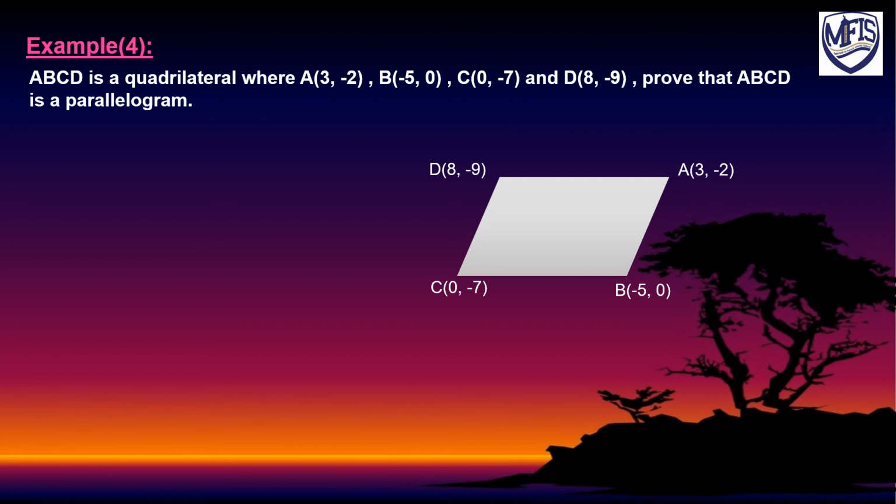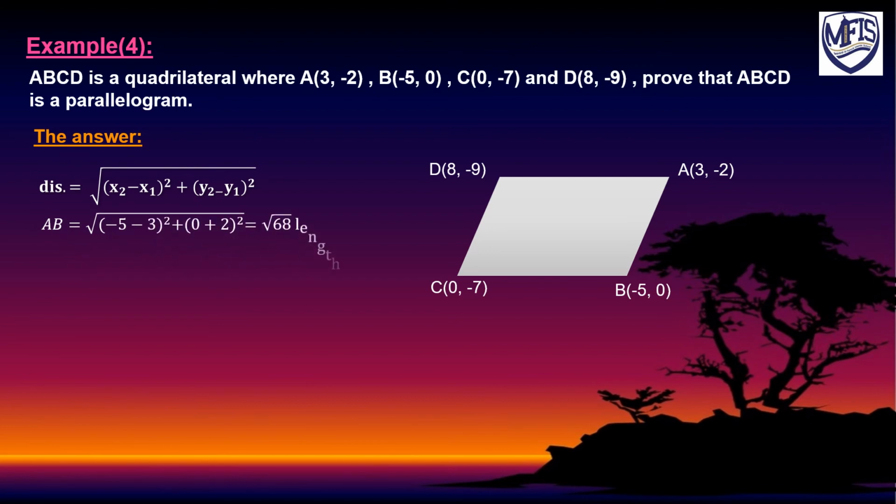Right, that means I want to find each side length of the 4 sides, then I will compare between them. If each two opposite sides are equal, then this figure is a parallelogram. Let's see. Find the length of each side.